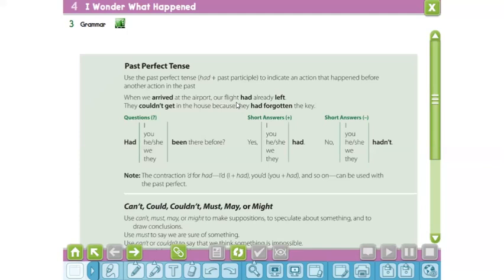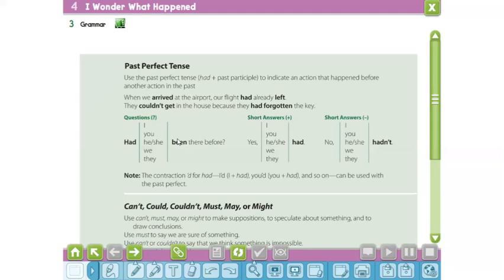Look at the second statement. They couldn't get in the house because they had forgotten the key. So what happened first? They had forgotten the key. So they couldn't get in the house.